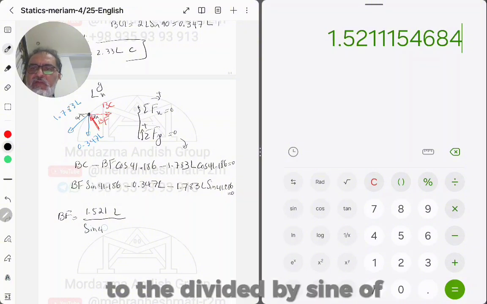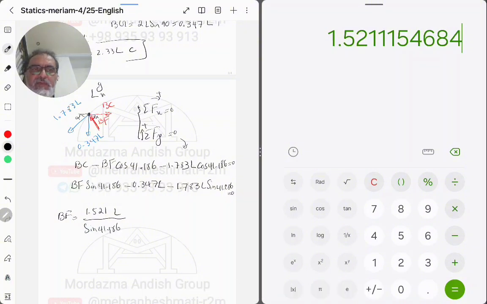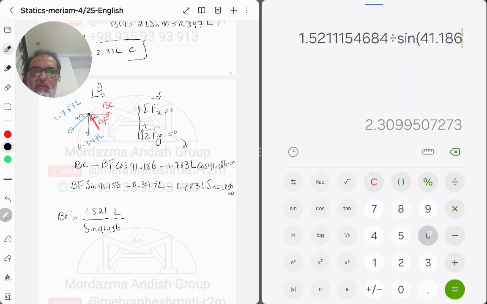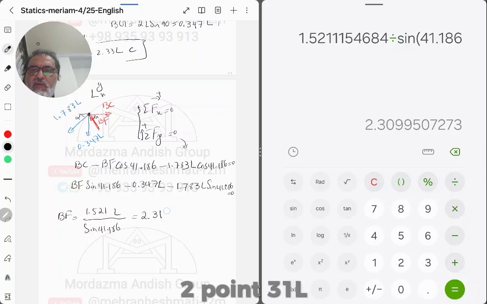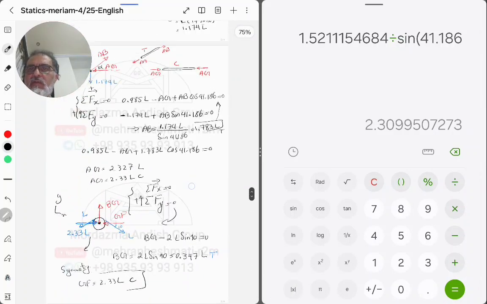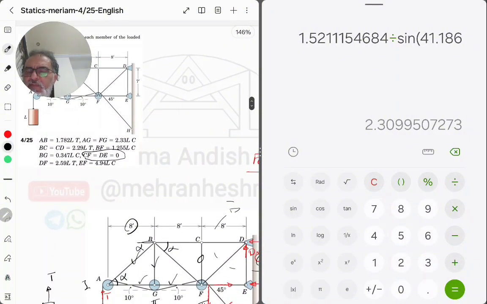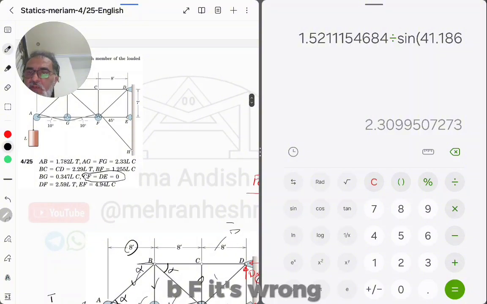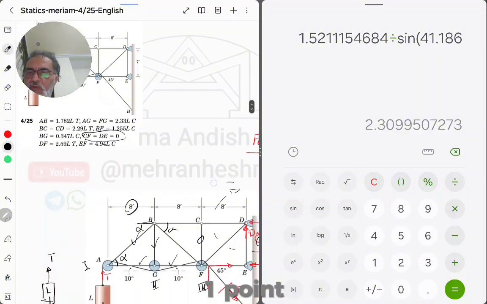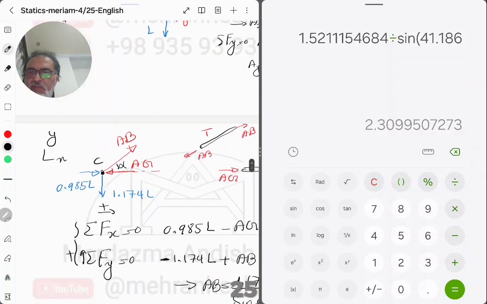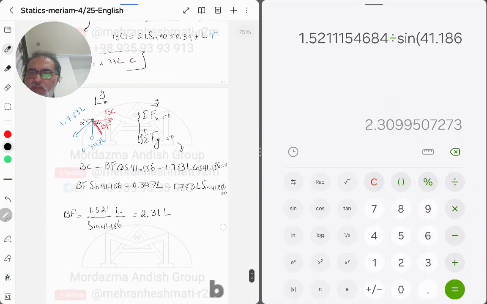Divided by sine of alpha. 2.31 L. BF, it's wrong. 1.25 BF.